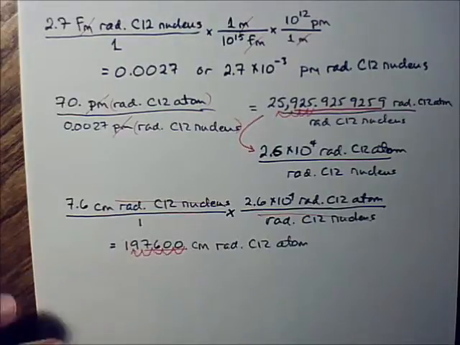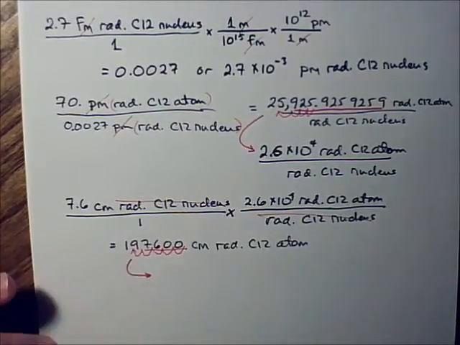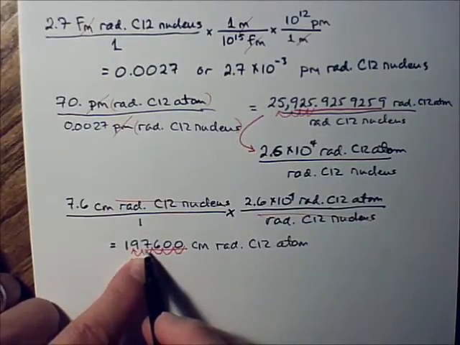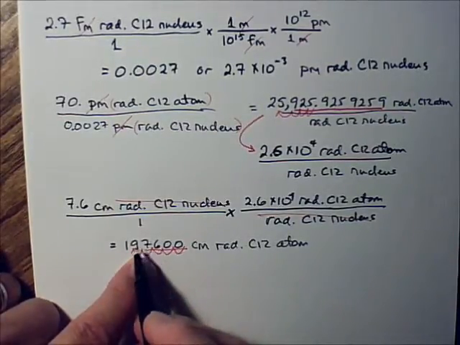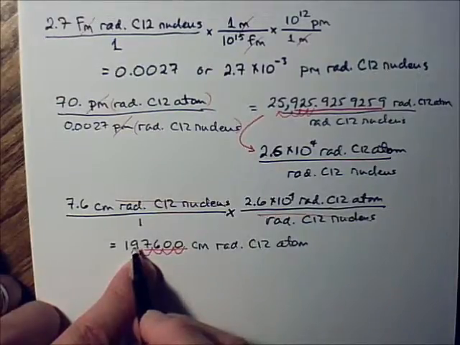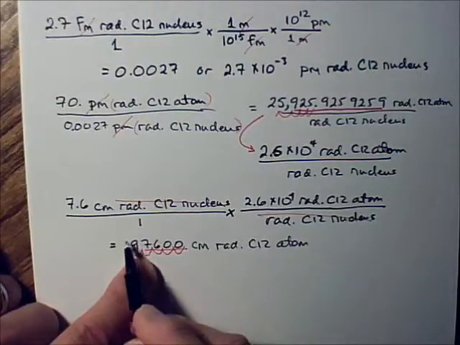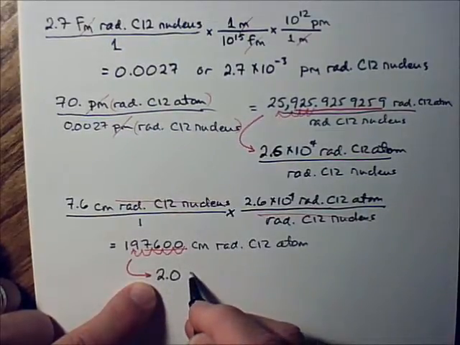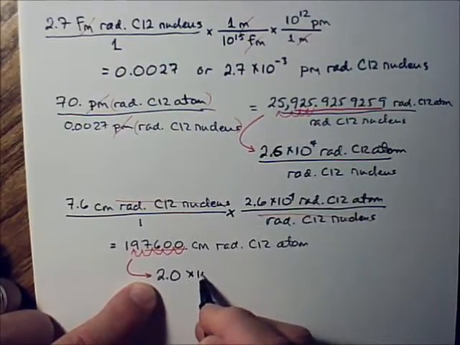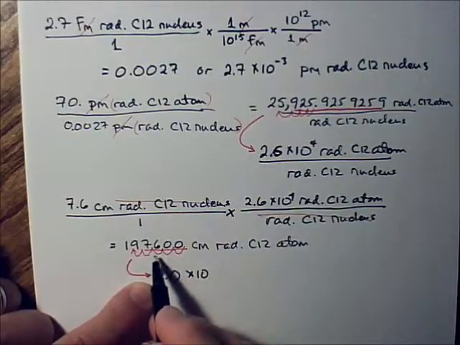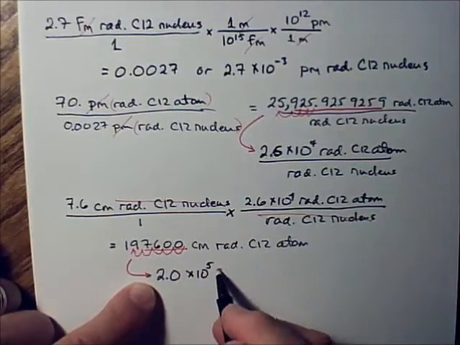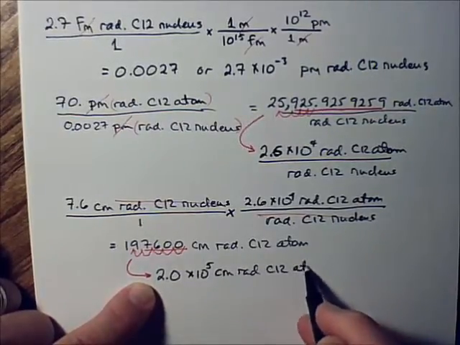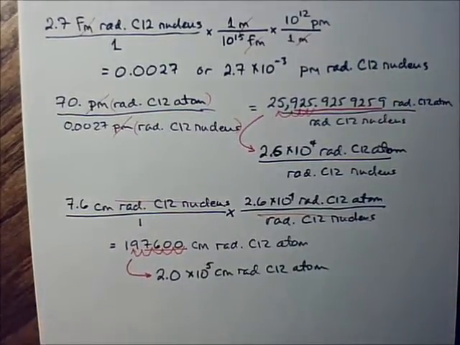Okay, now if we're going to move our decimal place here, then I'm getting rid of the 7. That 7 makes the 9 round up to a 10, which carries a 1 over to here. So our rounded off answer is 2.0 times 10 to the 1, 2, 3, 4, 5, fifth power centimeters radius of the carbon-12 atom.